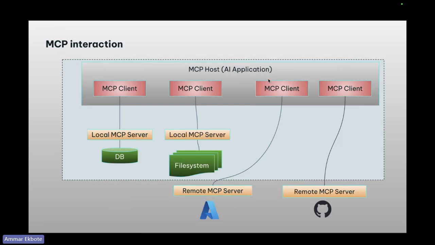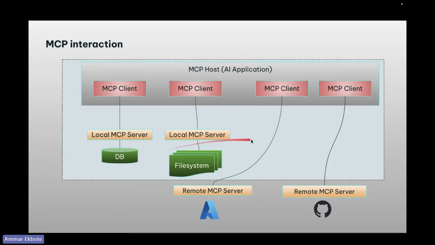Now, these MCP servers could be running locally, on the machine itself on which you're working. Some examples might be an MCP server that connects to a local instance of a database running on your system, a SQL database, or it could be interacting with the file system in a specific way. Like if you want to expose only certain directories, or only allow certain operations on the file system, you might use an MCP server that allows you to restrict these operations.